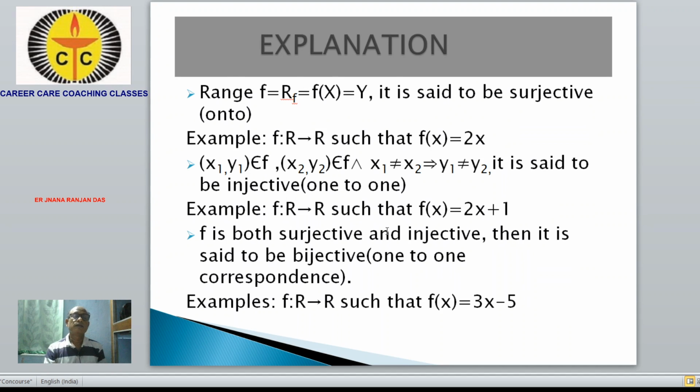If the range of f is equal to Y, that is f(X) = Y, then the function is said to be surjective.